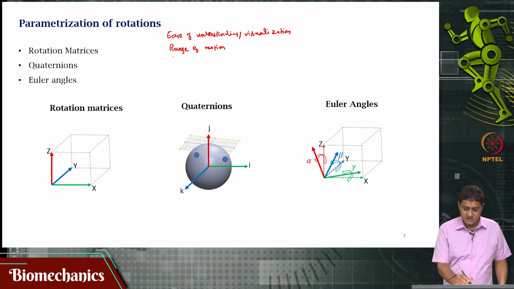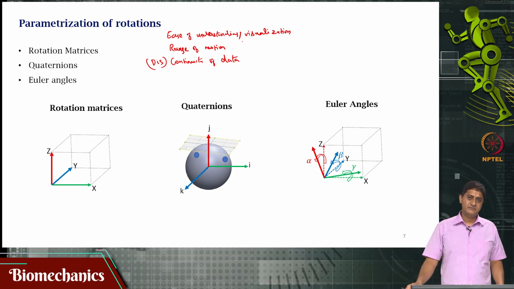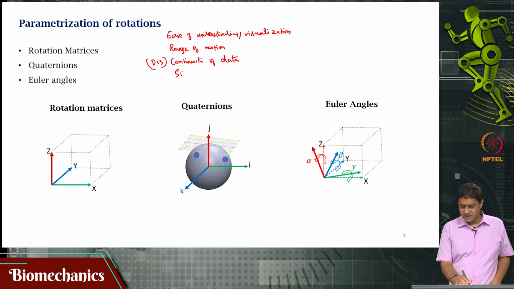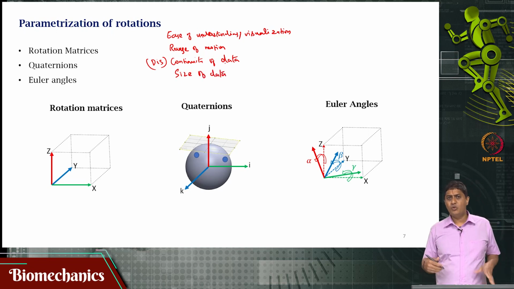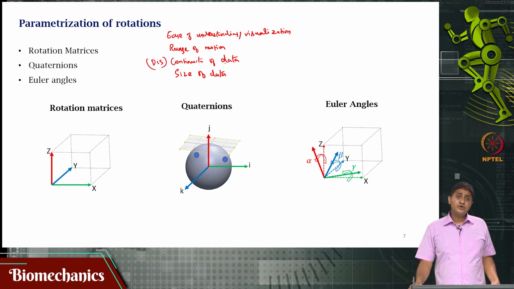The other is, are there going to be some discontinuity or continuity of data? Are there going to be some discontinuity in data? That is the other point. The other is, what is going to be the size of the data? How many different markers are you measuring, or how many different sensors are you measuring from?